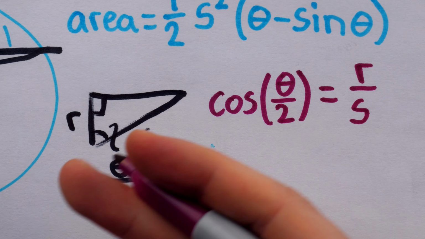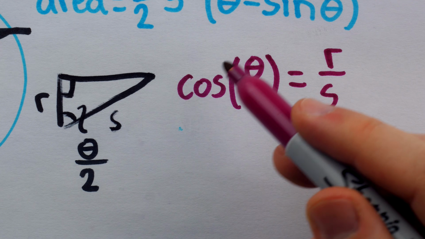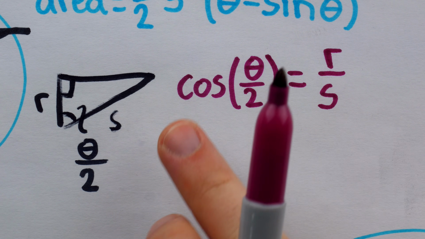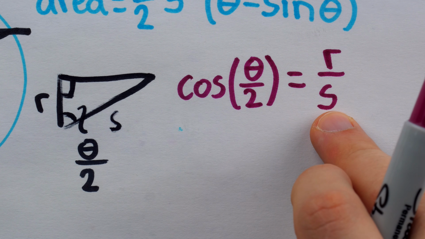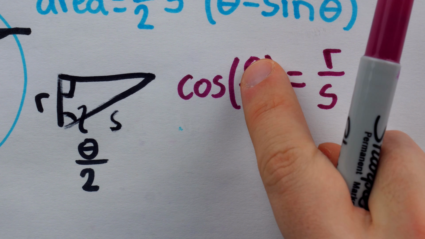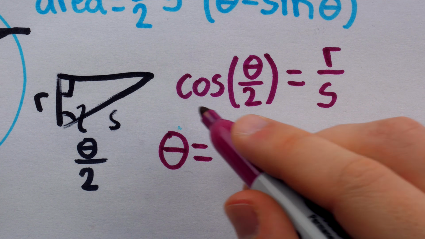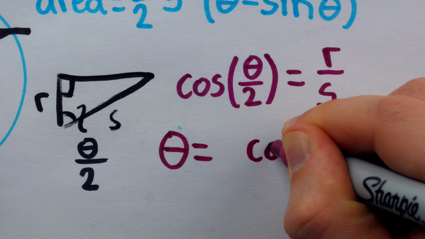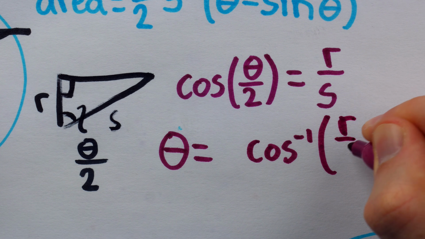Well, because remember, we're trying to figure out what theta is. Since I know cosine of theta over 2, what we can do is take the inverse cosine on both sides of this equation, and that's going to give us theta over 2, and then we can just double that to get theta. So in the end, theta is equal to, we took the inverse cosine of both sides, so inverse cosine of r over S.